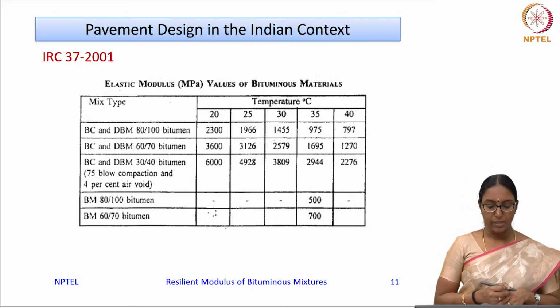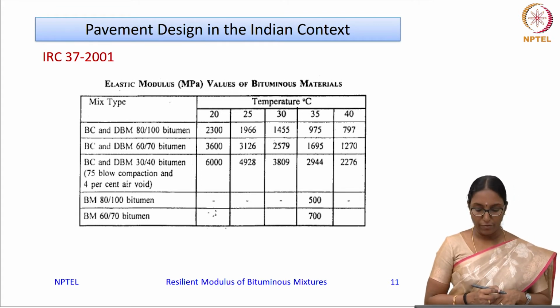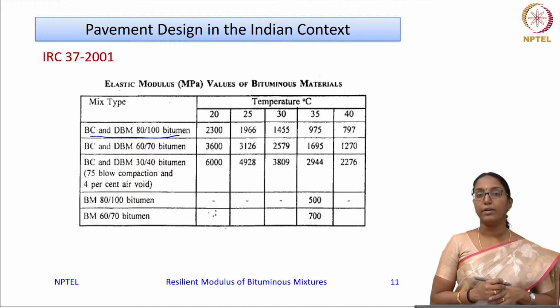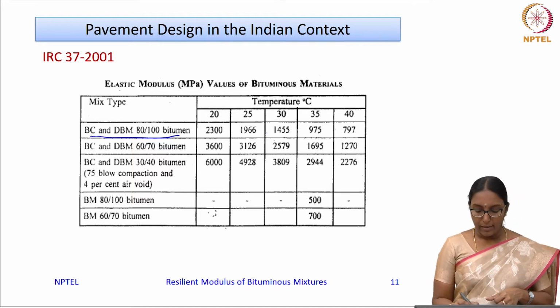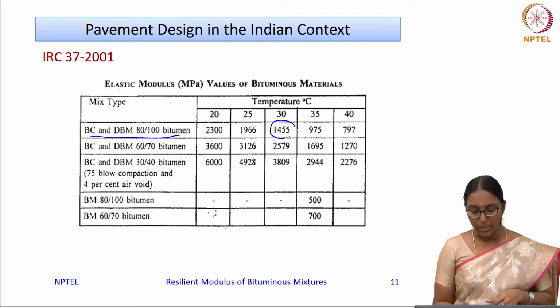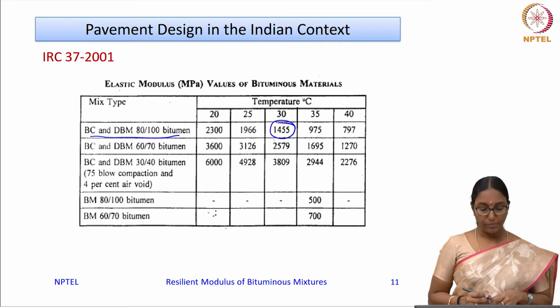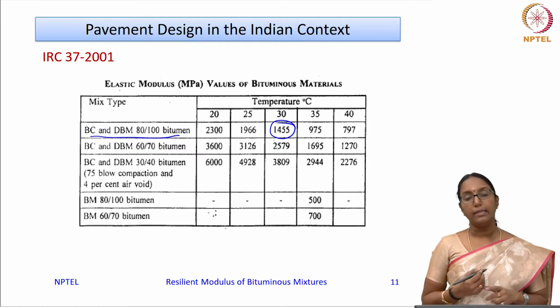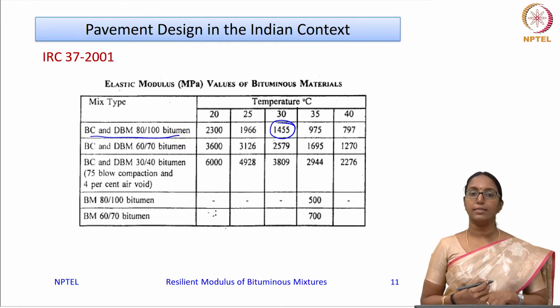Say for example, these are the elastic modulus values given for bituminous materials, say BC and DBM with an 80-100 penetration bitumen at say 30 degrees Celsius is 1455 MPa. So, these were the elastic modulus values given in the design code of IRC 37 2001.